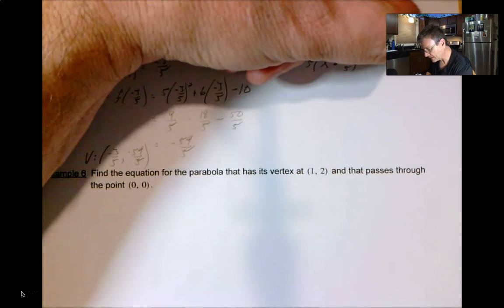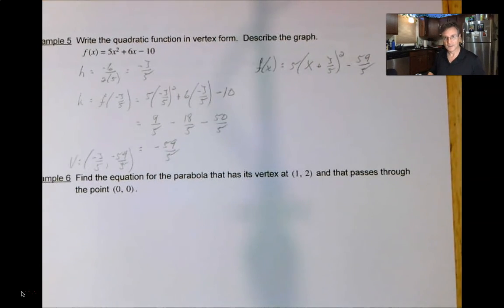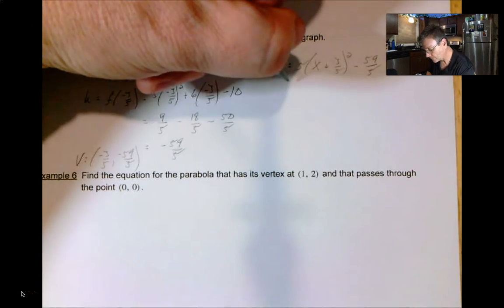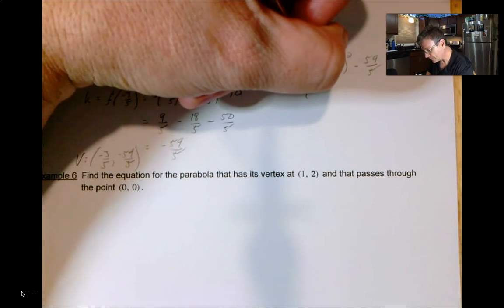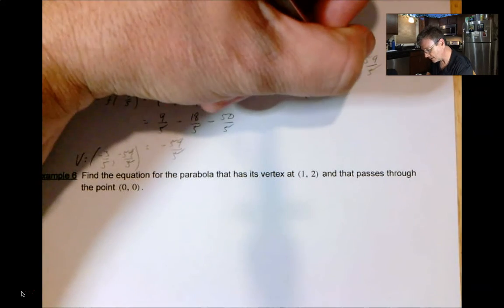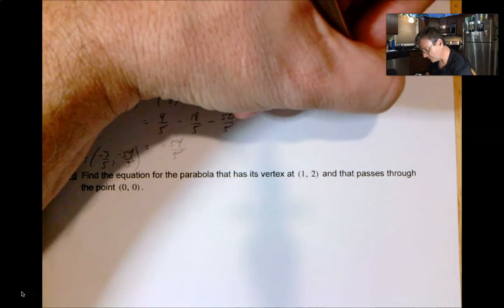Minus 59 fifths. Okay. I'm actually fine with this final answer, but another way of writing this would be 5 times 5x plus 3 squared minus 59 fifths.